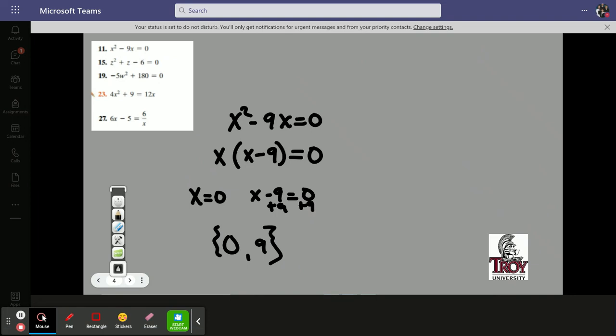All right, let's try 15. Now 15 is a trinomial. All right, I'm going to clear this.